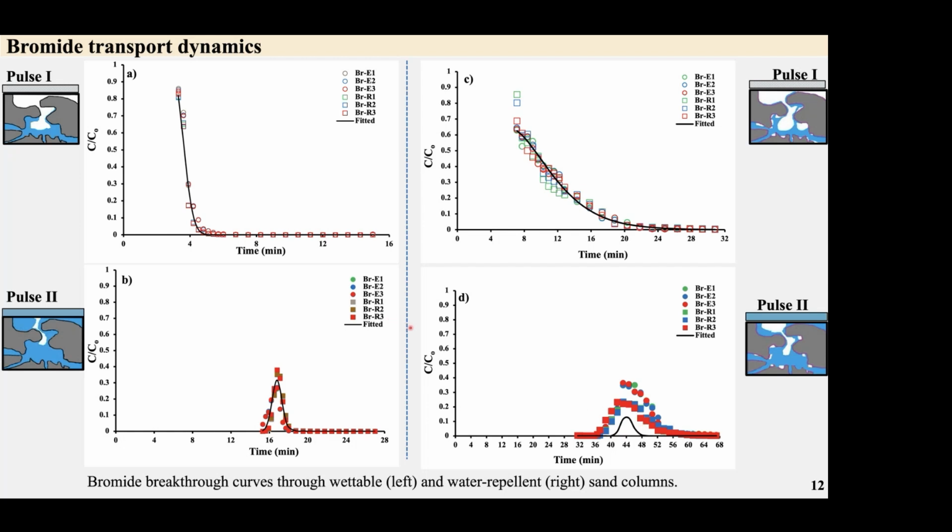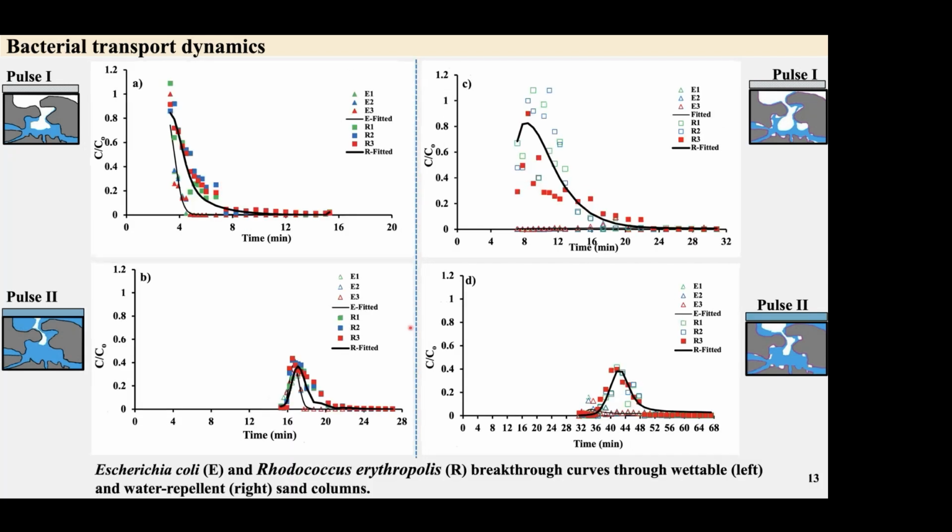With this, we predicted bacteria for each pulse. Here we have the data. E. coli and Rhodococcus for wettable soil on the left side were nicely captured by the model. Here for Rhodococcus the data was very scattered, but at the same time we were able to model it.